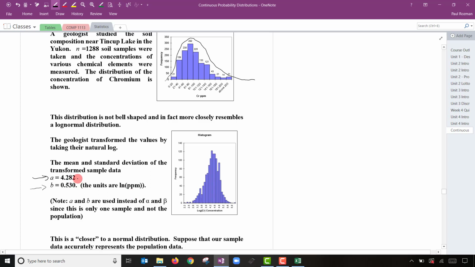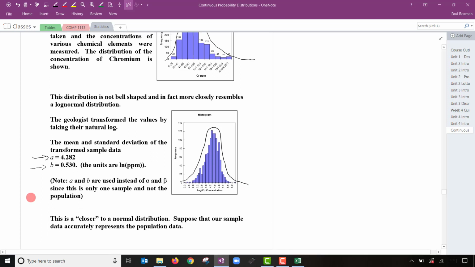After doing the natural log of all of the values, I plotted that as well to see if I did get a bell curve, and it's not terrible. It's pretty close. I mean, this is real world data. I actually went to the mining department to get this data. So it's cool that it is actually working out okay.